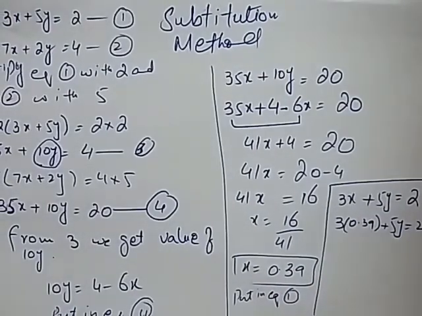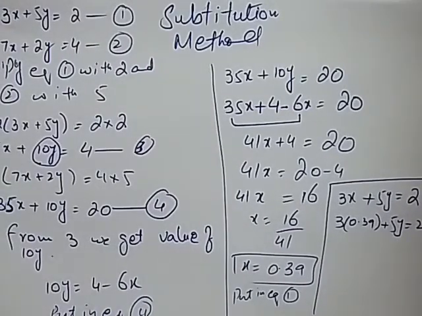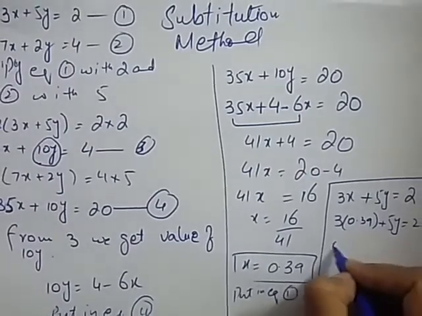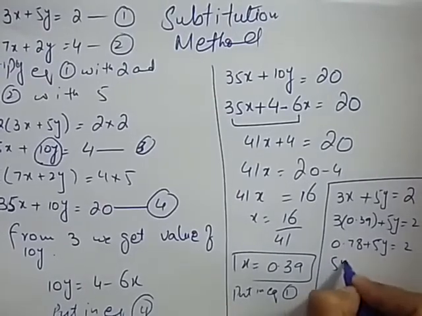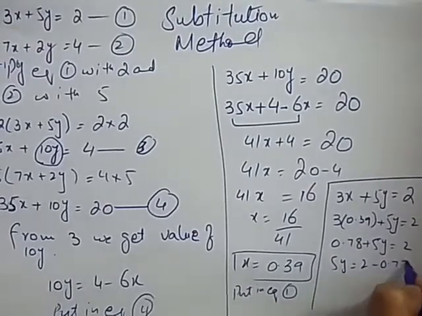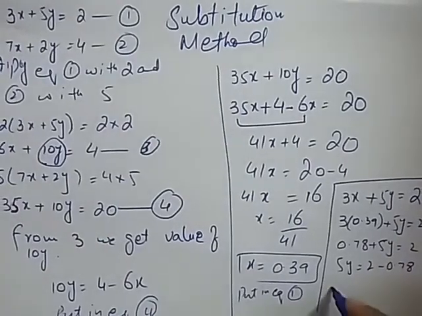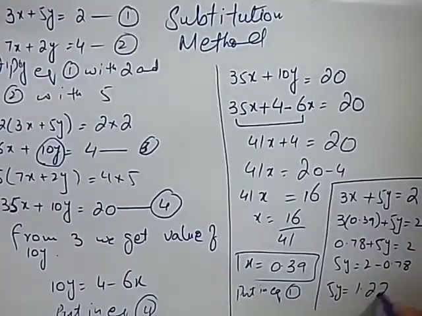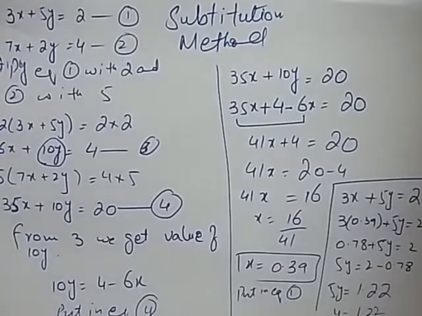Now just open the bracket: 0.39 multiplied by 2, the answer is 0.78. So 5y is equal to 2 minus 0.78. The answer is 1.22. So y is equal to 1.22 over 5.